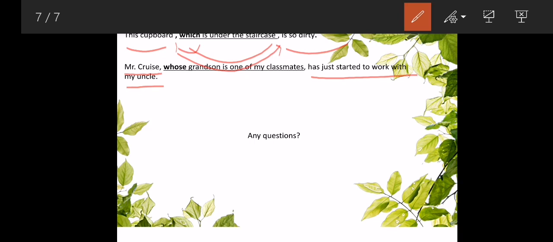I want to say that Mr. Cruz's grandson is my classmate. Okay? And I give this extra information between commas by using a non-defining relative clause. In this part, "whose" is our relative pronoun, and "whose grandson is one of my classmates" is our non-defining relative clause.